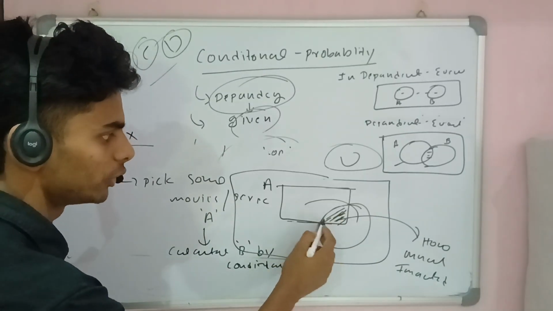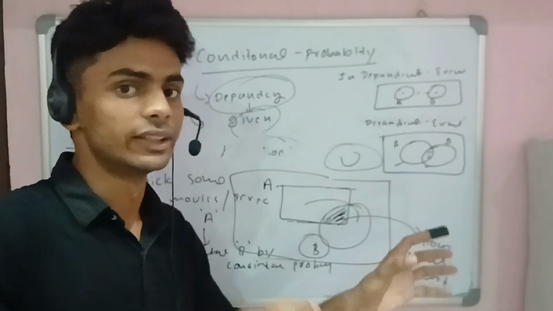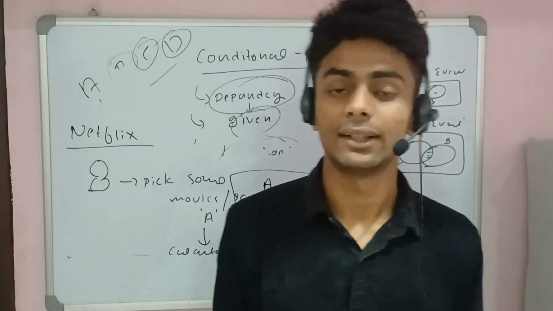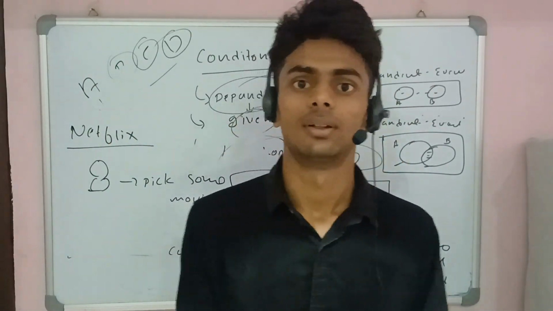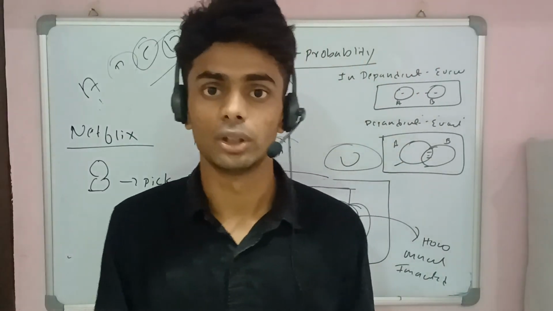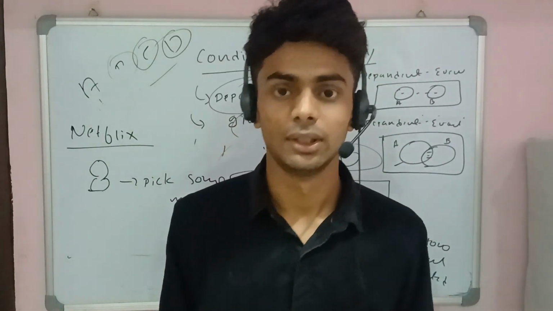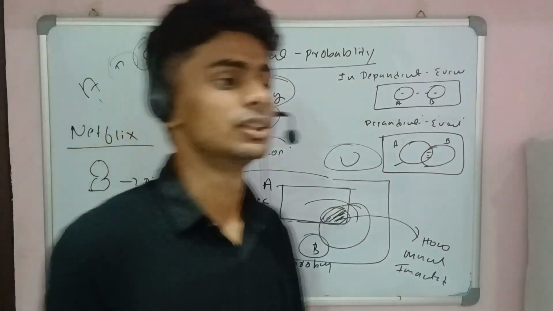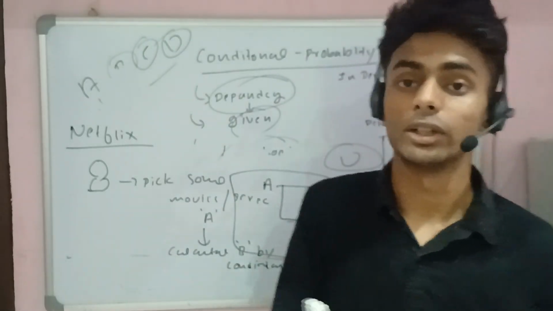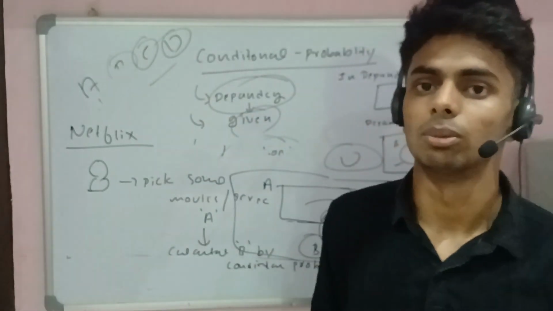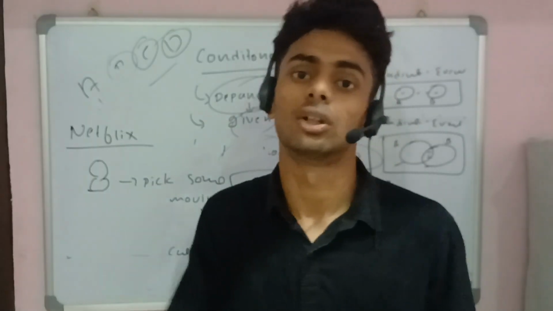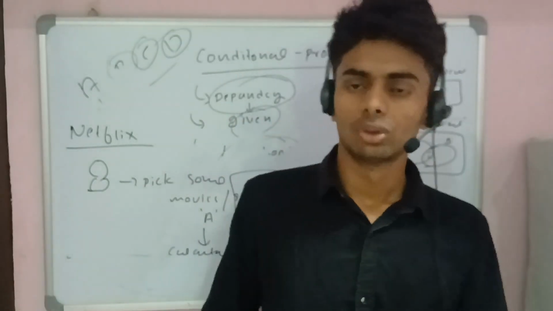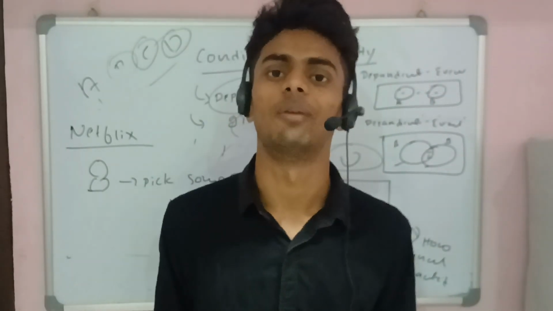This intersection point shows how similar the movie you picked and the one suggested are. That's what conditional probability is about. Netflix considers the event A you picked, and tries to calculate the event B. By using conditional probability, it recommends lots of movies and series accordingly. So that's all about conditional probability.